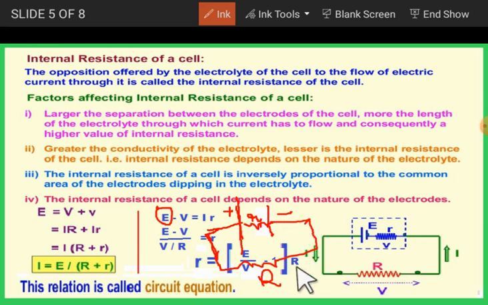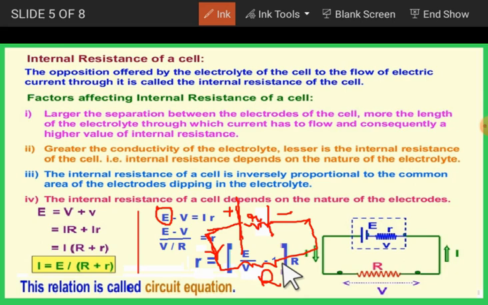Now when the current is flowing like this, the potential difference across this R will be the potential difference across the two electrodes of the cell, right? When the current is flowing, the potential difference at the two electrodes will also be equal to the potential drop across the resistor.